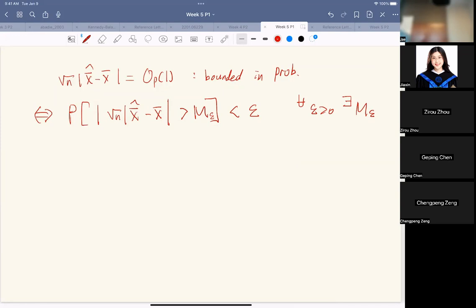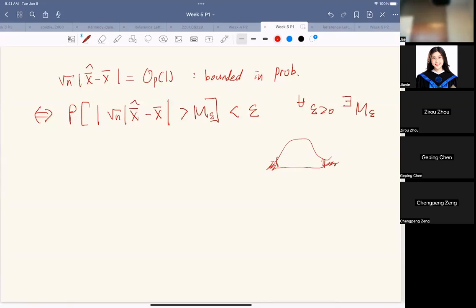No matter how small your epsilon, you can find a big enough M such that the probability of being outside can be negligible.